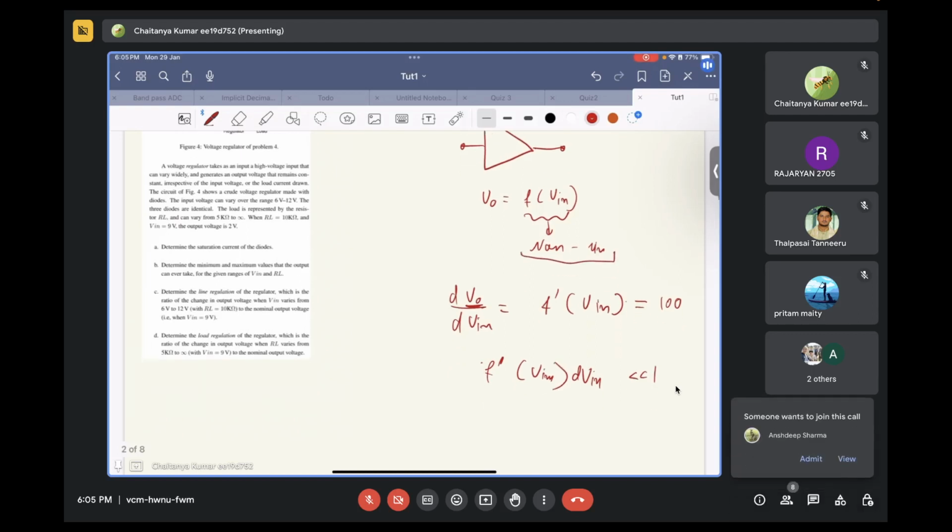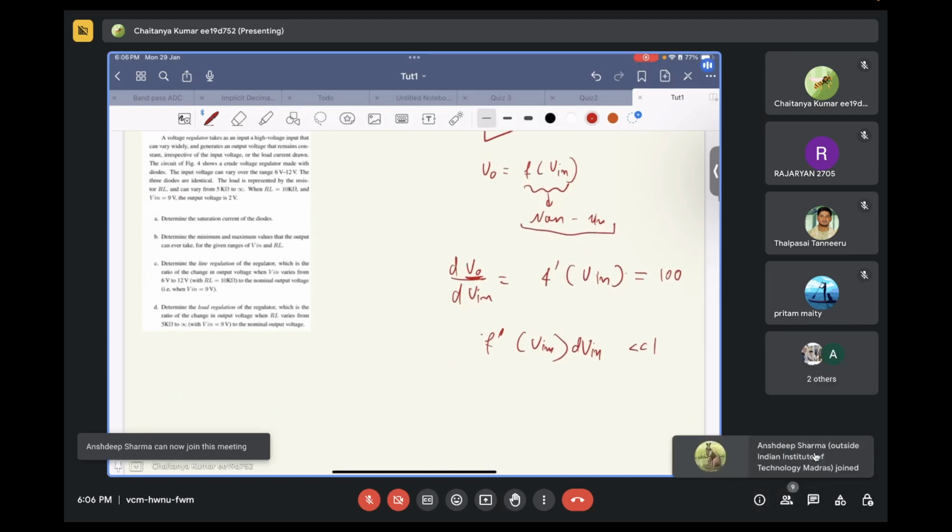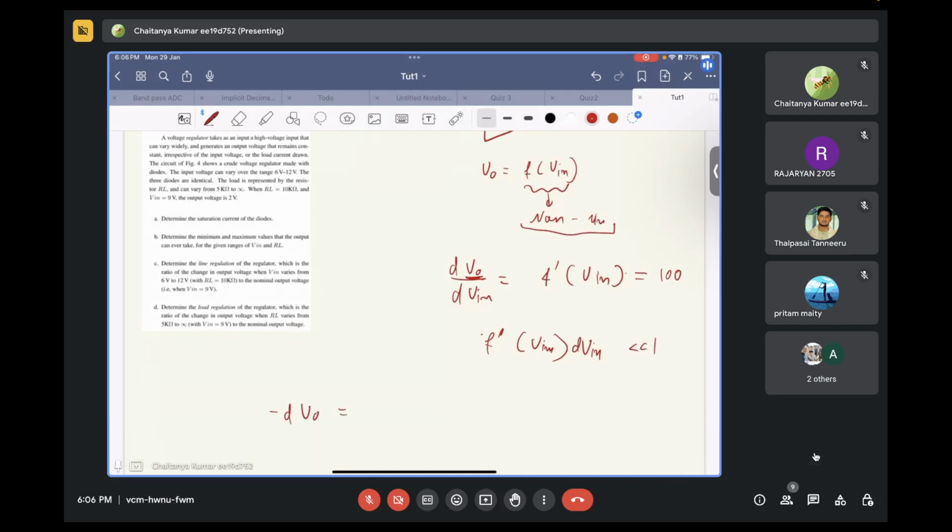So when you are doing incremental analysis, your output Vo plus dVo will be equal to f of Vin naught, this is the point where you bias your device, plus f dash of Vin times dVin.